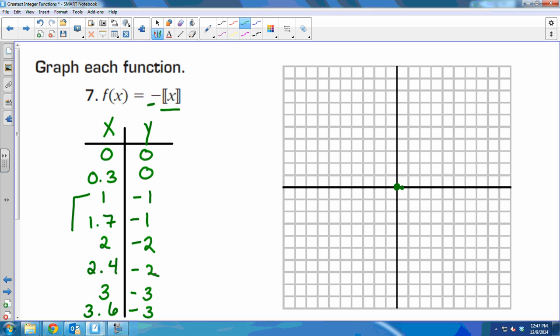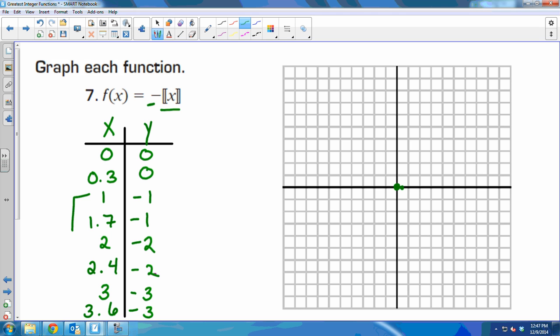So what you need to know is that you have to have a closed circle at 1, because 0.99999999999 is still, the greatest integer is still 0. So it's all the way up until 1, but not including 1.